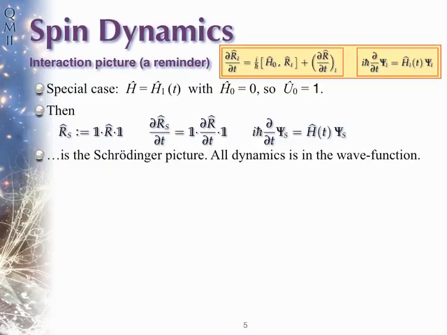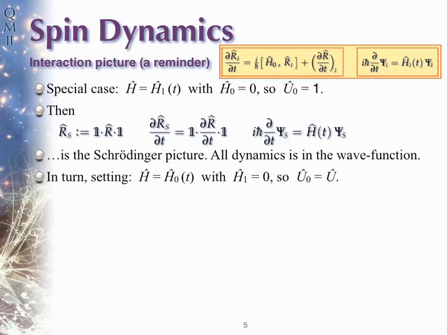So this is what we conventionally call the Schrodinger picture, the operator represented in the Schrodinger picture. The time derivative of the Schrodinger representation of the operator is just the time derivative of that operator as it is. And of course, the Schrodinger equation for the wave function includes all of the Hamiltonian. In other words, all of the dynamics is in the wave function.